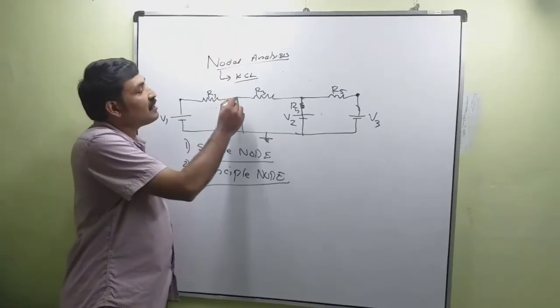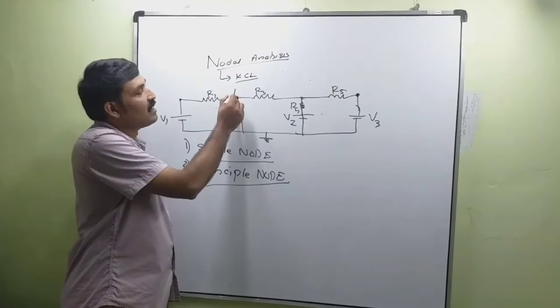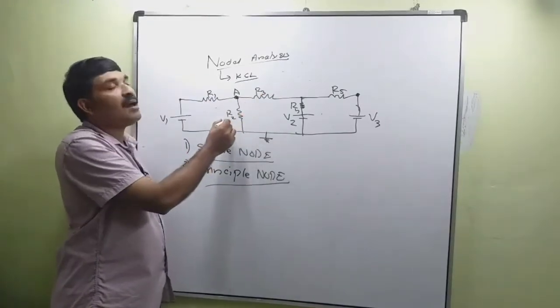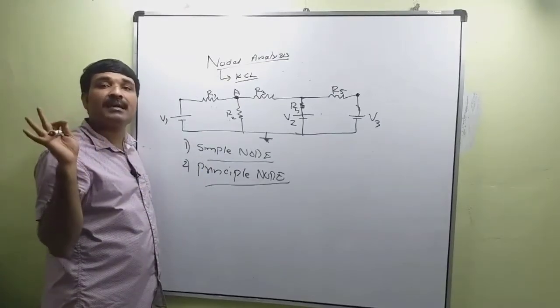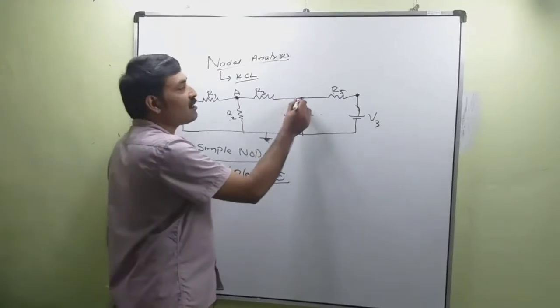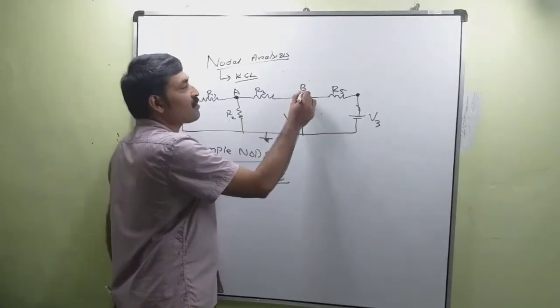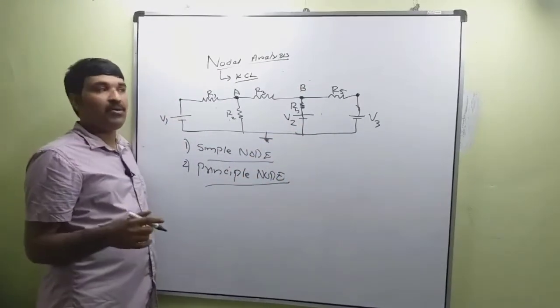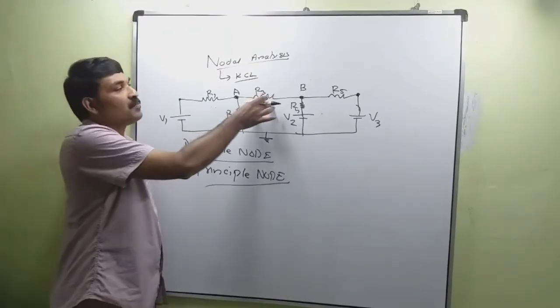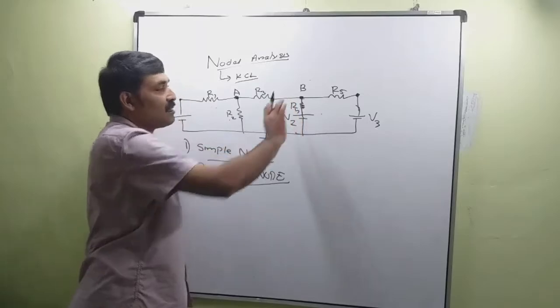In this circuit, let this node be A. For this node, R1, R3 and R2 are connected. So three elements are connected. That is an example of a principal node. Now consider this node. Let this be B. This is also a principal node since three elements or three branches are connected: first branch, second branch and third branch.